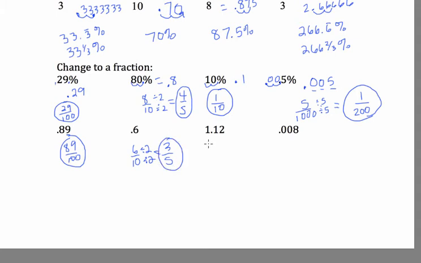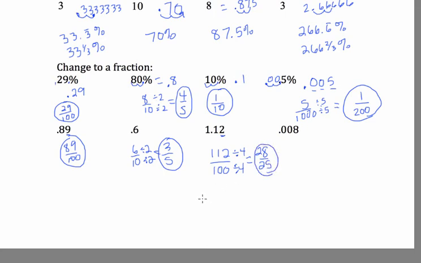1.12. A couple of ways to do this. This 2 is in the hundredths. So you can make 112 hundredths. Reduce, and you get 28 25ths.